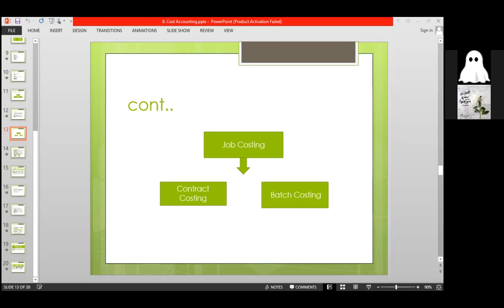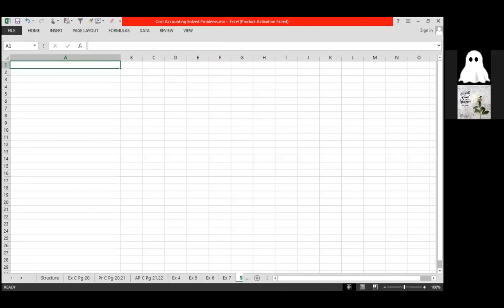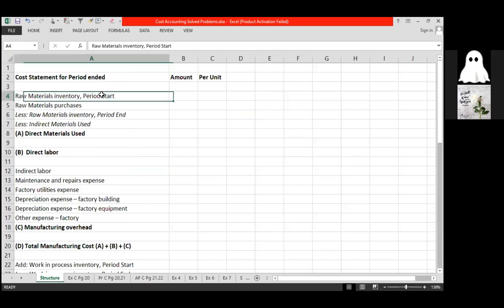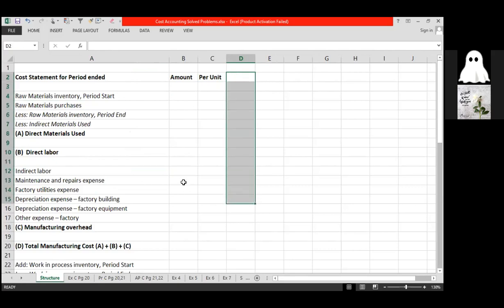So the structure will remain the same as this one is. You will just have the raw material inventory here in multiple steps, or you will put X, Y, and Z, three products, differently and create three columns for cost.